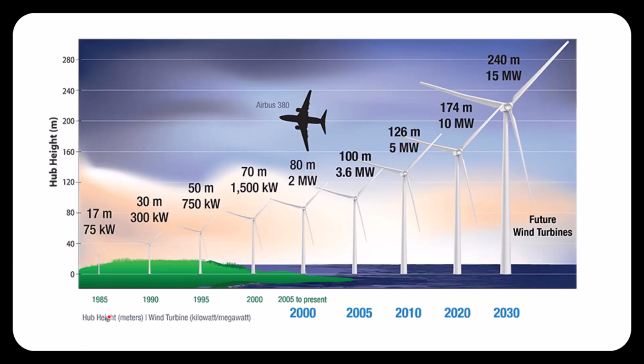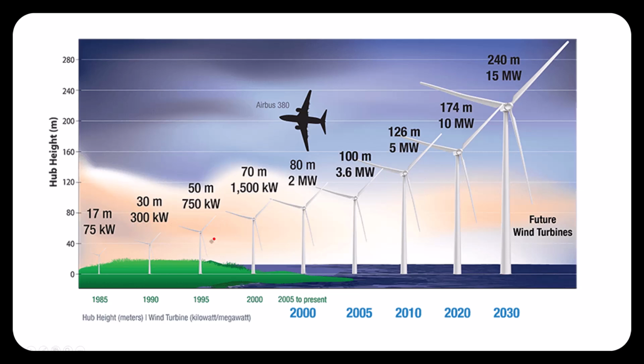So just to give you an idea of how wind turbines are progressing. In 1985 the wind turbine size was 17 meters. That was very huge at that time, and it was able to produce 75 kilowatts. Now it's 30 meters in 1990 and 300 kilowatts.